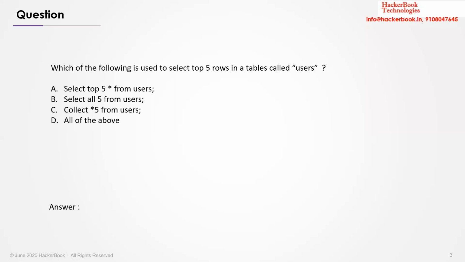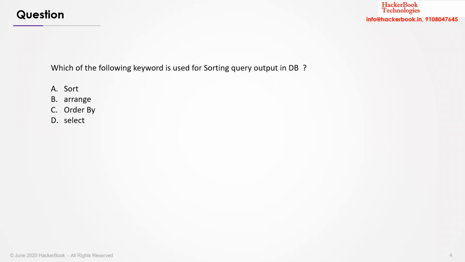Answer is the first one. Okay. Which of the following keyword is used to sort query output in database? Sort, arrange, order by, select. Which one is the correct answer?